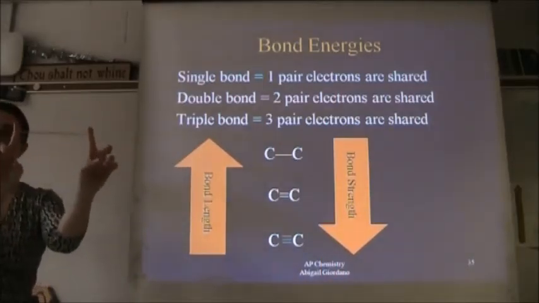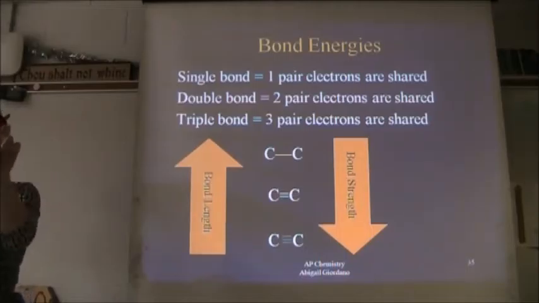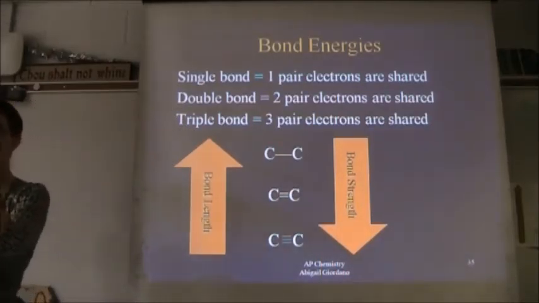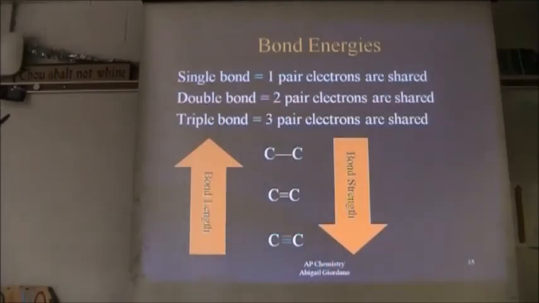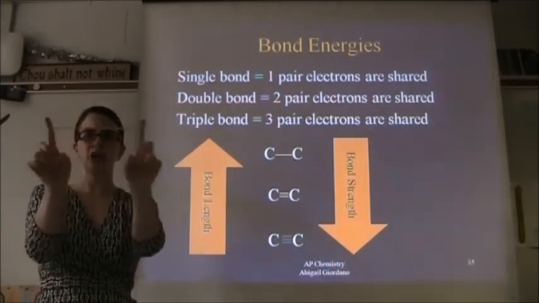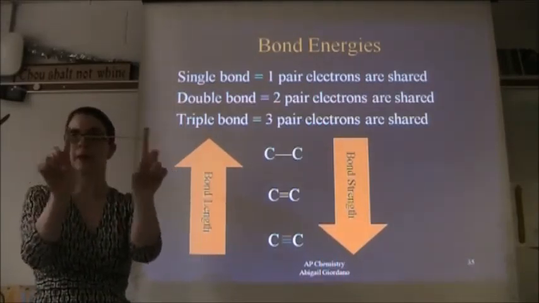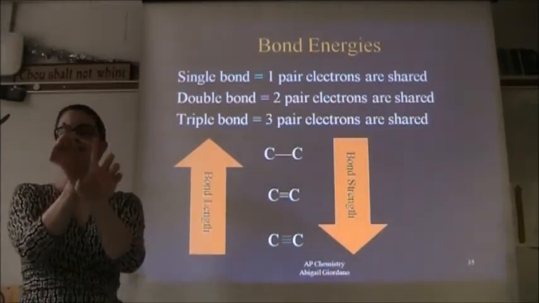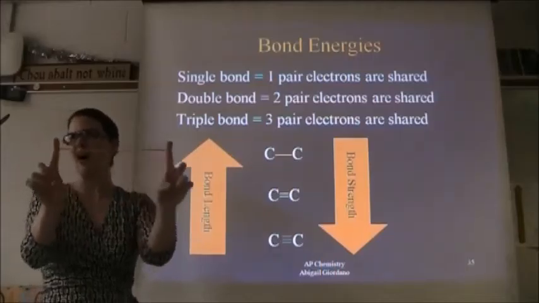This rubber band represents one shared pair of electrons. Okay, and if you'll notice, if I just have this one rubber band, I can stretch my hands a good distance apart. I can stretch this rubber band pretty well. And is the rubber band tugging on my fingers? Yeah, but not a lot.